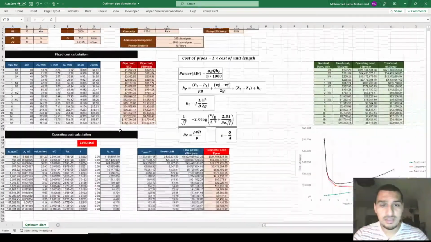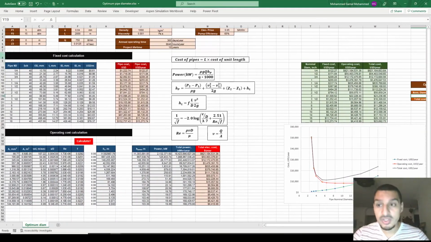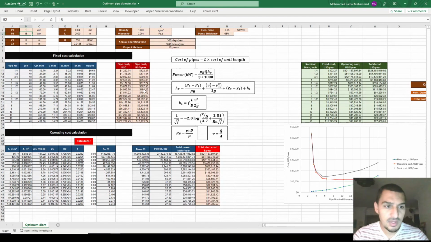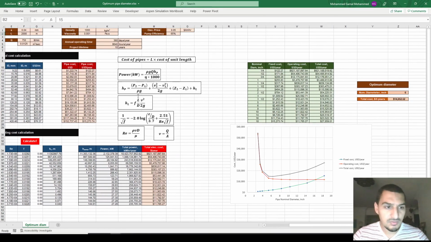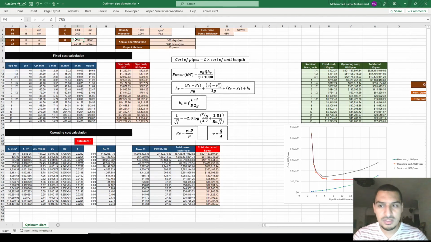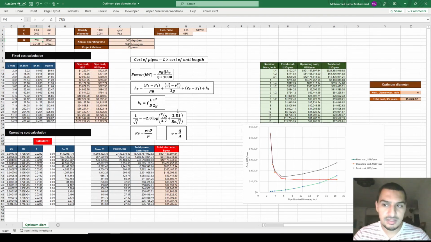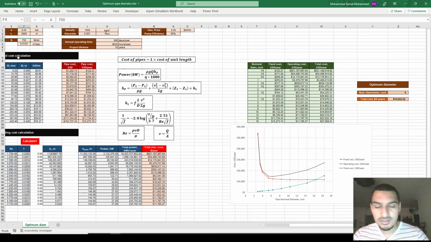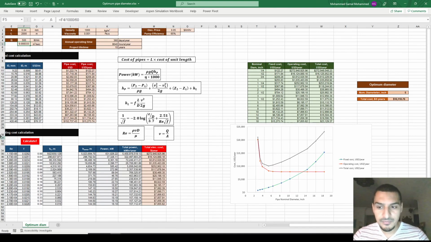So for instance, if I want to change any of the inputs, I'm going to start with 1 atmosphere instead of 5. So I will find that it didn't change, but the cost changed. The thing that will make a change that we can see is the flow rate, because it affects everything. So I have already 750, so if I make it 500, I have first to recalculate the friction factors, and you'll see that I now will need 5 inches.